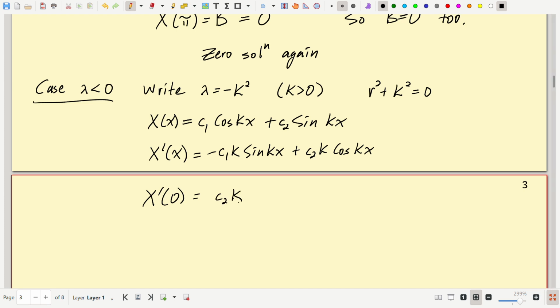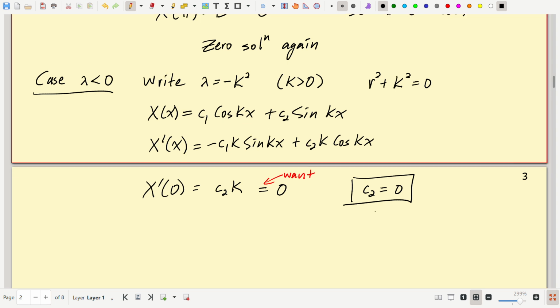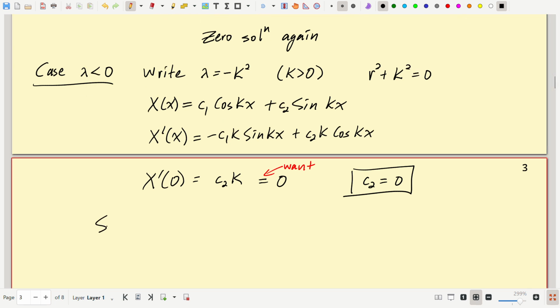And I want that to be 0. So things are looking bad again. I get that c2 is 0, and so my function is just going to be c1 cosine kx.